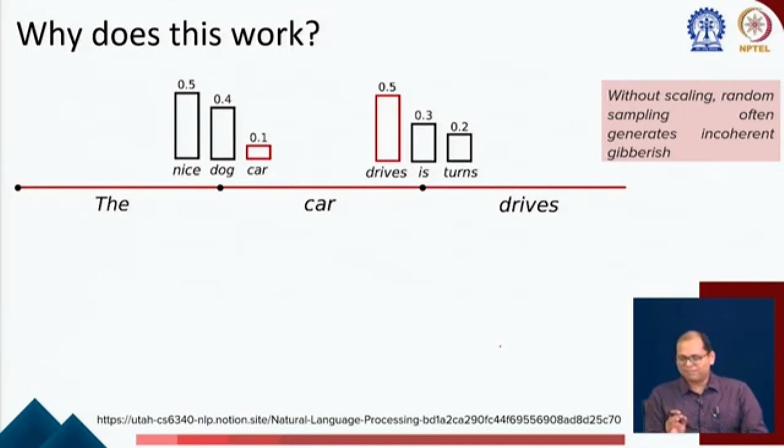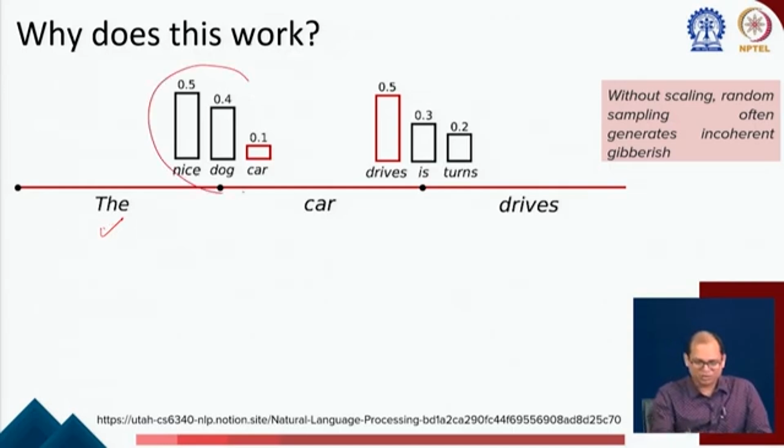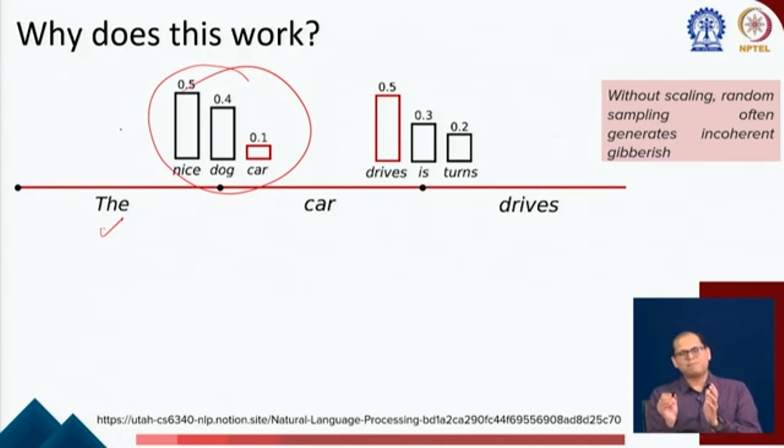Let's take a simple case where you have a probability distribution over 3 tokens. You have the word "the" that you generated first. Next, you have this distribution, let us say the 3 words with the highest probability. In random sampling with temperature 1, so here tau is equal to 1, this is the probability you get after softmax.